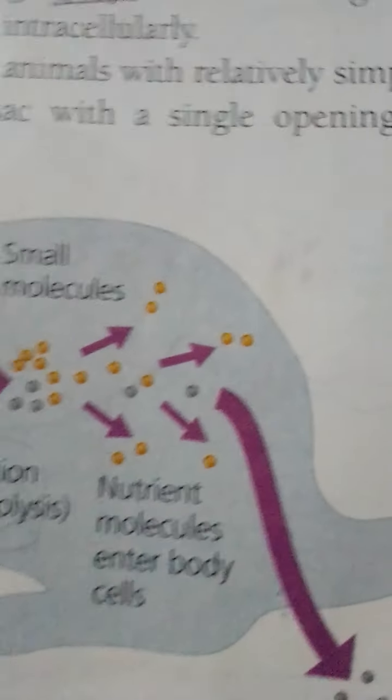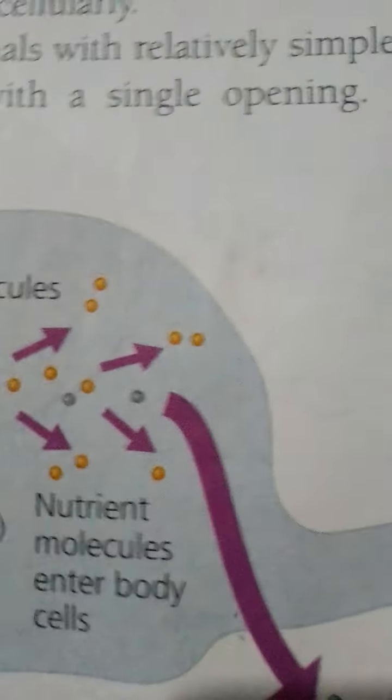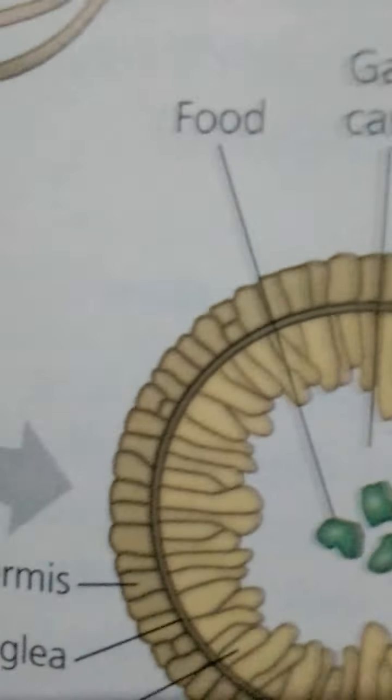Many animals with relatively simple body plans have a digestive sac with a single opening. This pouch, called a gastrovascular cavity, functions in both digestion and distribution of nutrients throughout the body, hence the vascular part of the term.